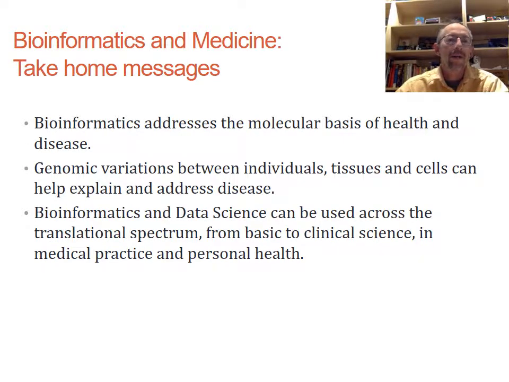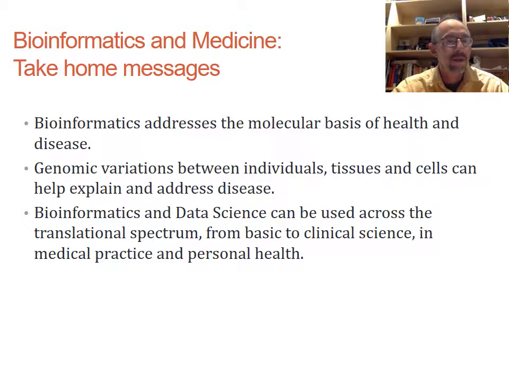So what are our take-home messages today, to sum up? Bioinformatics addresses the molecular basis of health and disease, so it must be important. Genomic variation between individuals, tissues, and cells can help explain and address disease. So it's one thing to have the genetic code.